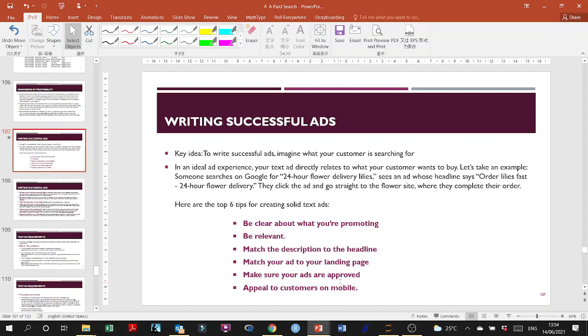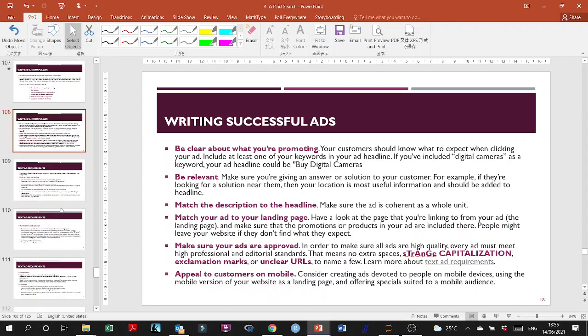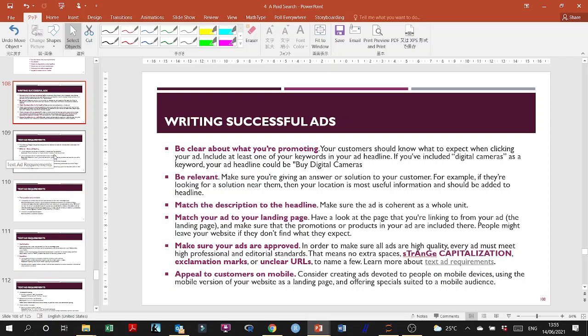Match your ad to your landing page and make sure your ads are approved. And appeal to customers on mobile. The appeal on mobile is very important nowadays because most transactions and purchases are happening on mobile.